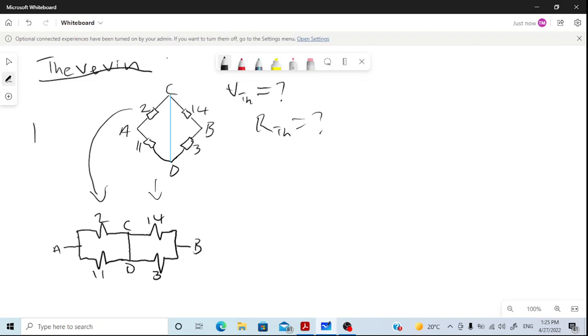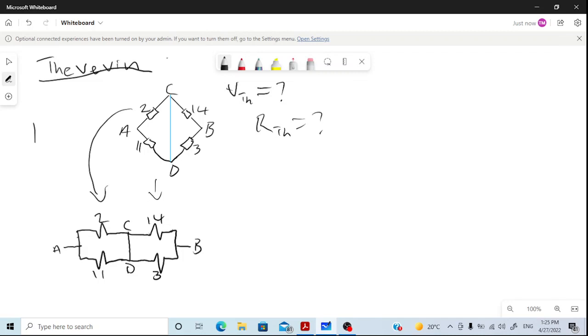Okay, now if you look into your definitions, you can check the definition of parallel connected resistors. They share two common nodes. So point C is a node, D is a node, A is a node, B is a node.